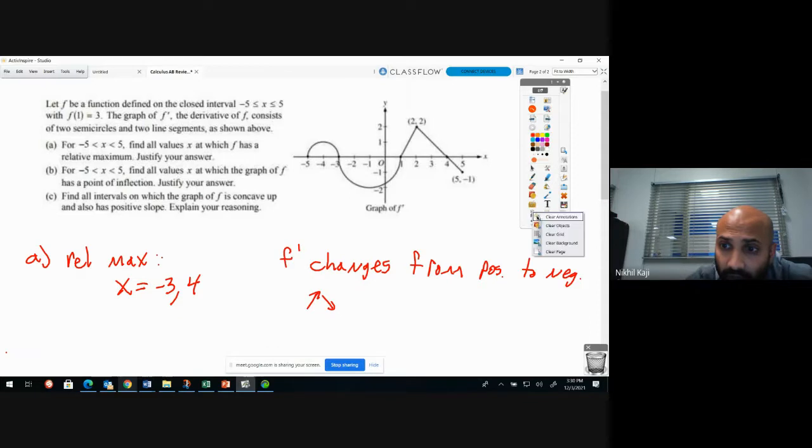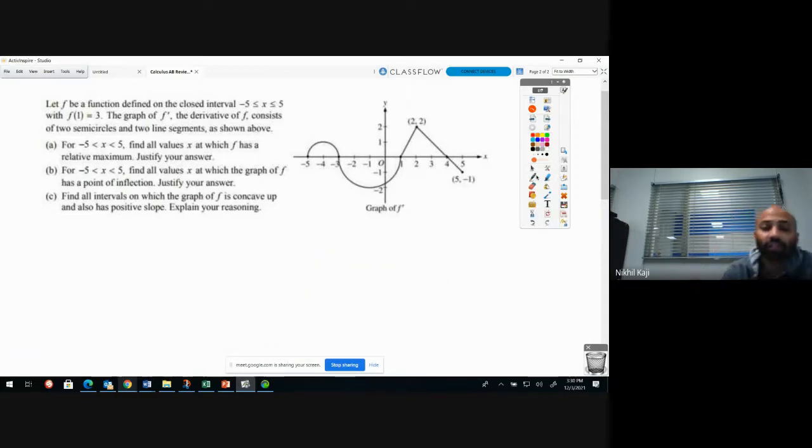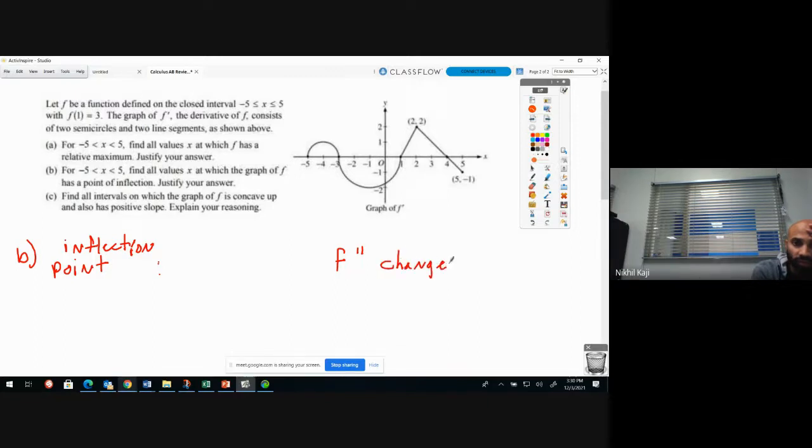All right, let me clear this. A point of inflection, let's call it inflection point, shorter. All right. Inflection point, that is when my second derivative changes signs.